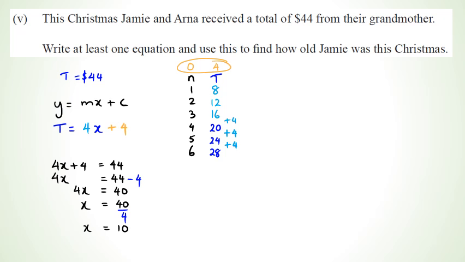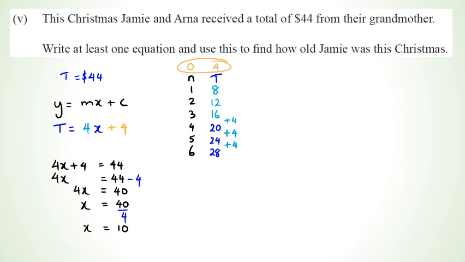Now I've written it as x, but you could actually say how old Jamie was this Christmas. So that's actually when n equals 4, when n equals 10. So yeah, Jamie, the answer is going to be 10.